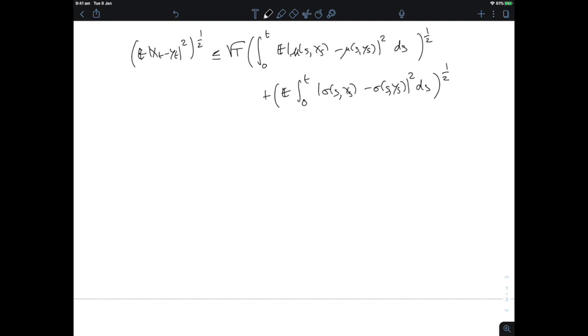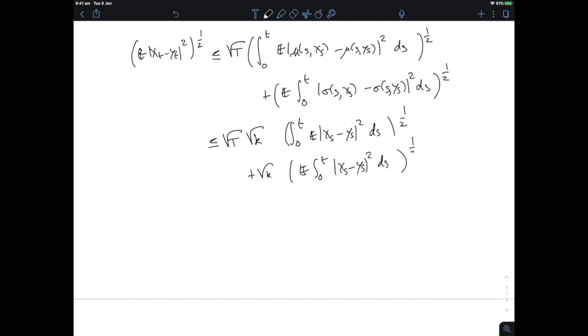The idea here is that we have the Lipschitz continuity condition that guarantees that all of that is controlled by square root of capital T times square root of k in the first instance, times the integral from 0 to t of the expectation of (Xs minus Ys) squared ds. And for the second term, I get plus square root of k times the expectation of the integral from 0 to t of (Xs minus Ys) squared ds, to the 1/2.